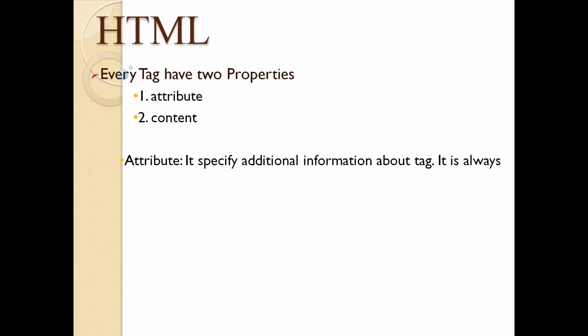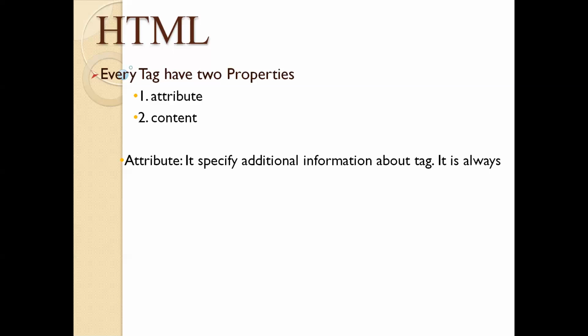Just by using the img tag, we cannot display an image in our web page. The image tag is responsible for displaying an image in the web page, but that image tag should be provided with the particular image which is needed to be displayed. That particular image address will be given to an attribute.